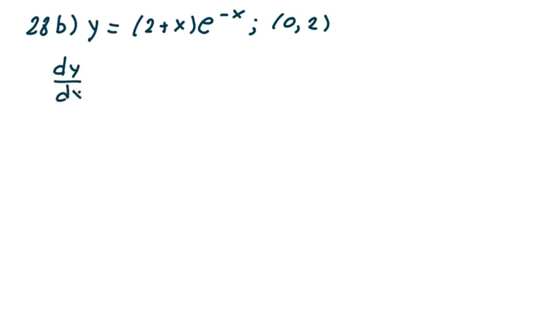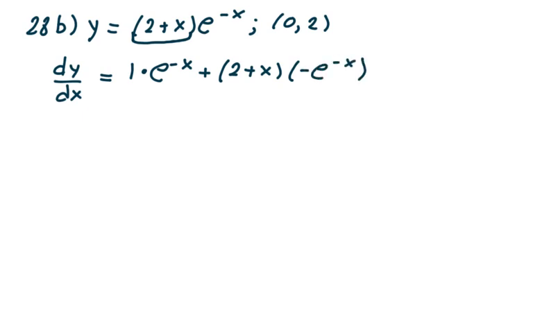So dy/dx, right? I'm going to take the derivative of the first, which is 1, times the second, plus 2 plus x times negative e raised to the negative x.